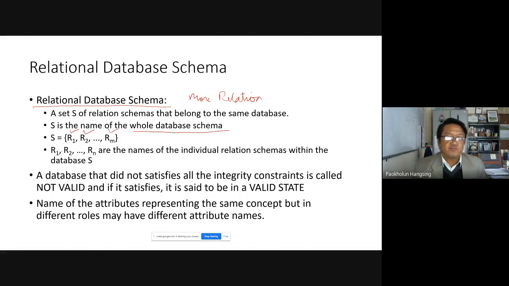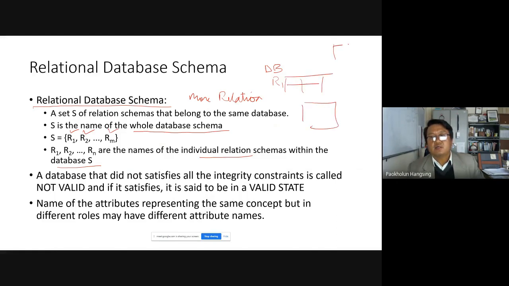Relation 1, relation 2, relation N are the names of the individual relation schemas within that database schema. Suppose we design a database schema. In our database schema, we'll have so many relations, for example one relation here, another relation, another relation, another relation.